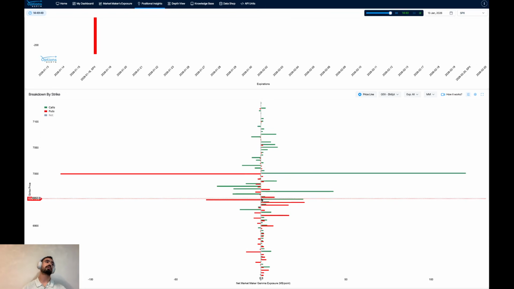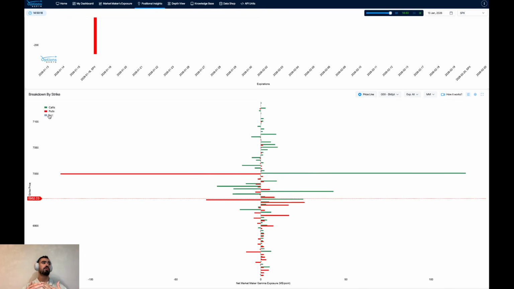And naturally speaking, there's going to be a greater contribution of the 0DTE options for which the expiration is imminent in a couple hours. And naturally, you're going to see a stronger concentration near the spot price, and a stronger contribution of the 0DTE options. If we see some large peaks further out, it probably means that it comes from another expiration.